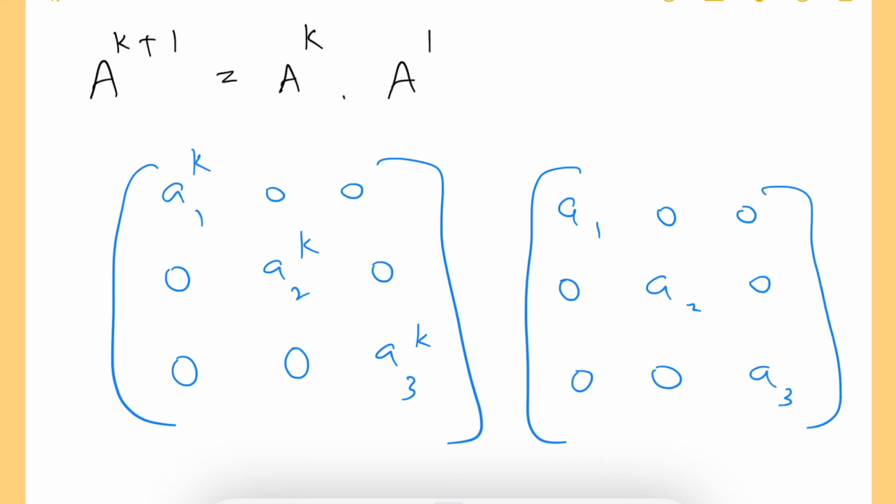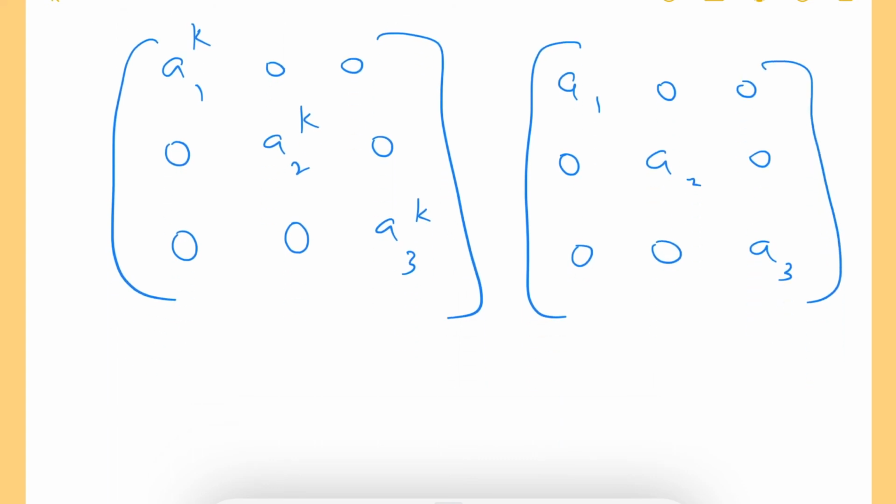So now we need to multiply these two. Whenever we multiply such matrices, since only the diagonals are there and the remaining are all 0, we need to multiply just the diagonals and leave the rest. A1 power k into A1 becomes A1 power k plus 1, 0, 0. Next, 0.